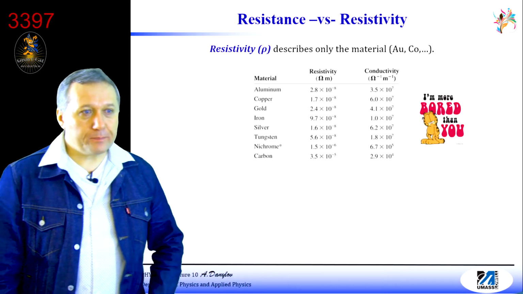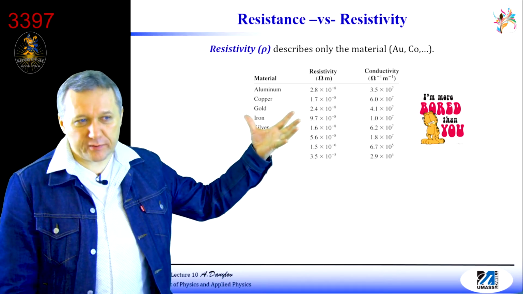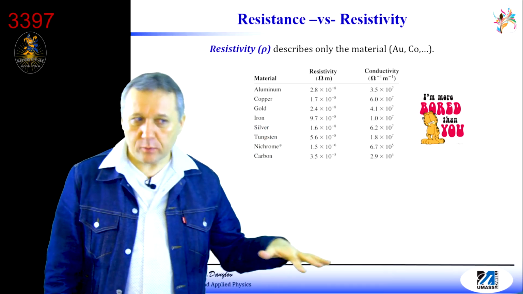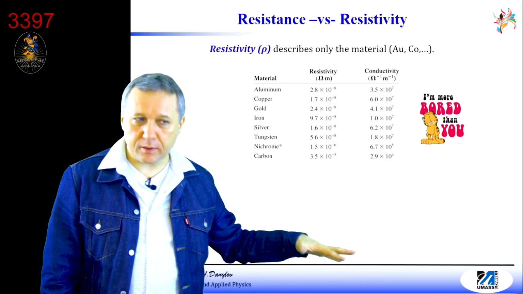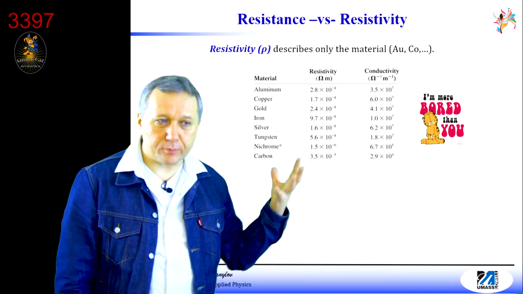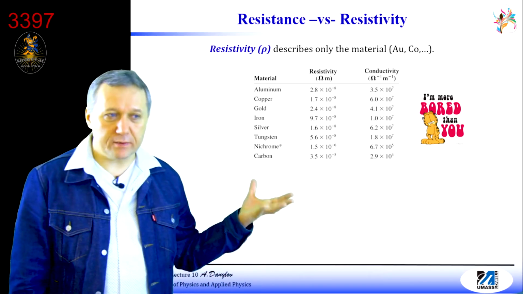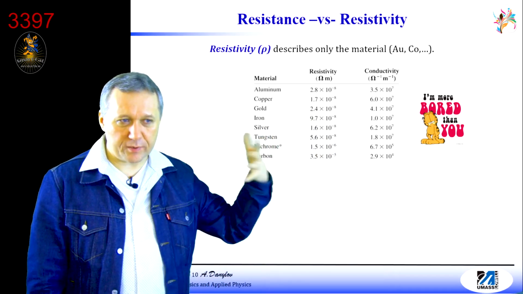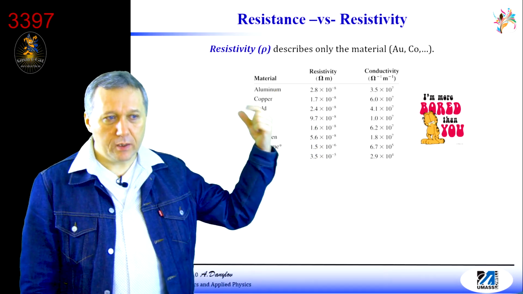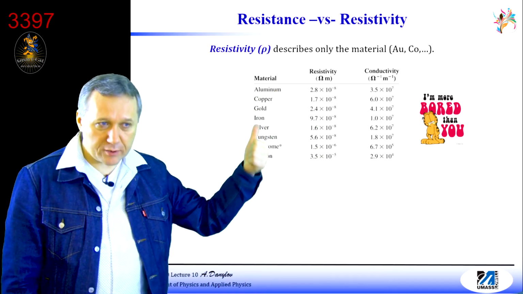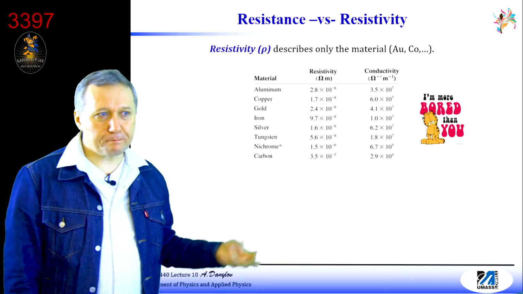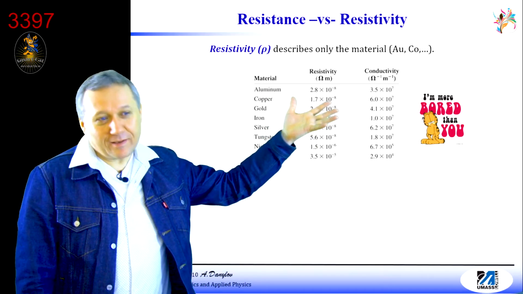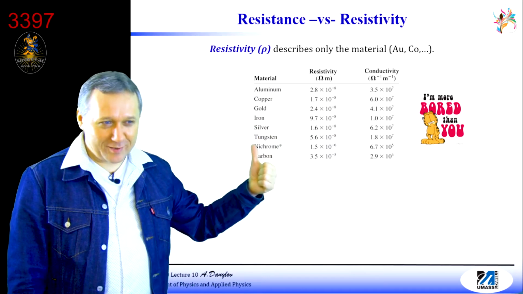And since you're going to use resistivity to do your homework, do not use Google. Google might give you a slightly different number, but of course, Mastering Physics is programmed to use numbers given in the book. So use table 27.2. I just copied and pasted that table, right? And you see we have a bunch of metals, right?